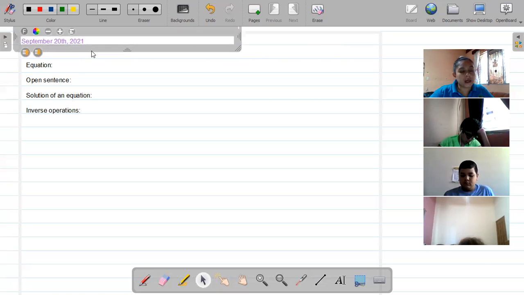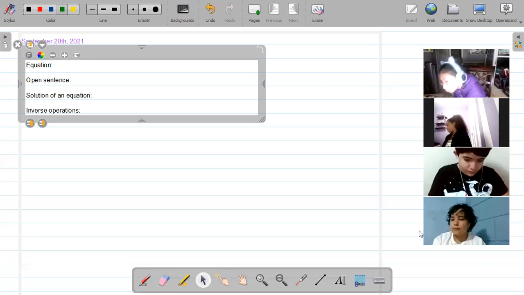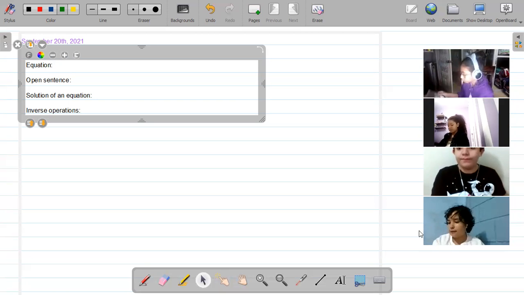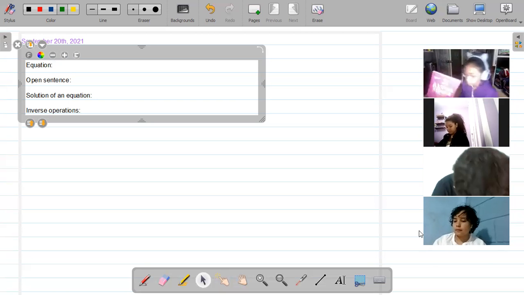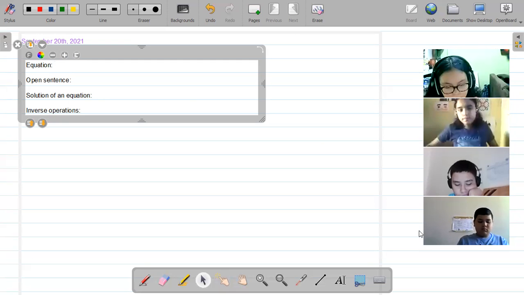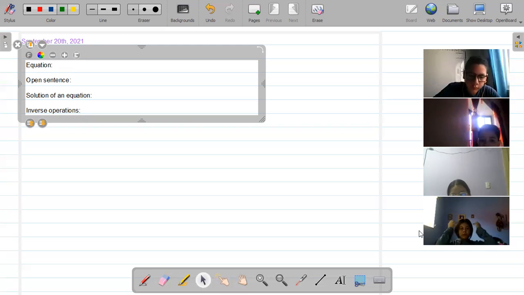If I say the word equation, what comes to the top of your mind? Mathematical operations. Okay. Another definition that comes to your mind? What do you think when you hear the word equation?